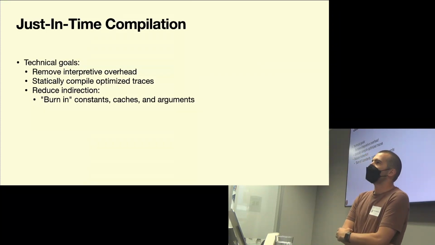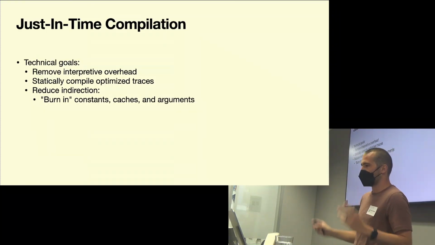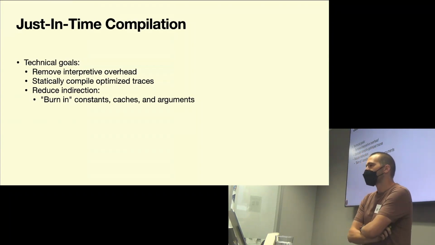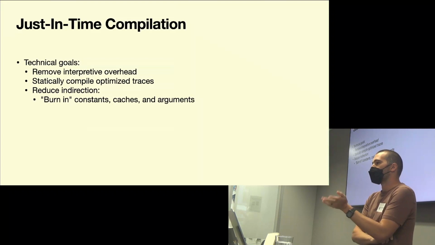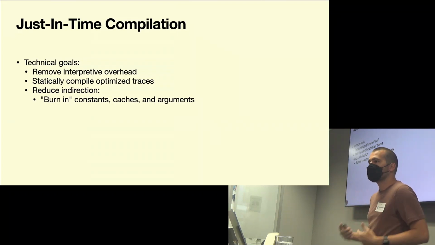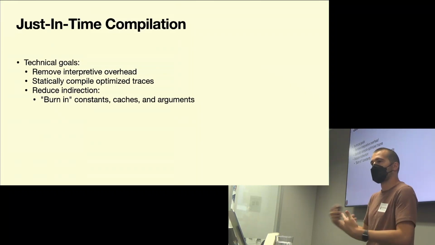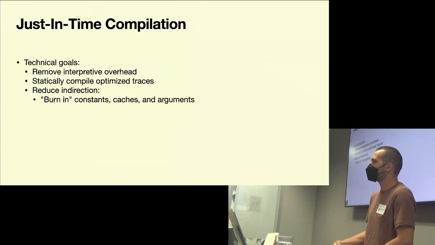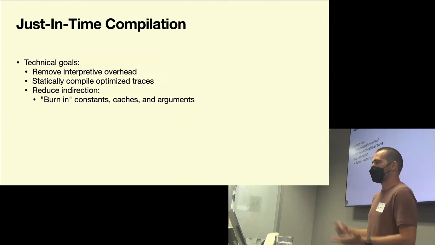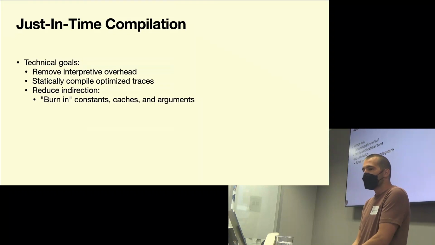First of all, we can burn in, basically encode directly into the machine code, the values of constants, caches, and arguments to instructions. So instead of decoding an instruction's oparg every single time we execute that instruction, we can instead, for example, make it an immediate value to an instruction in actual machine code, which replaces a memory load, is a lot more compact, and a lot more efficient.